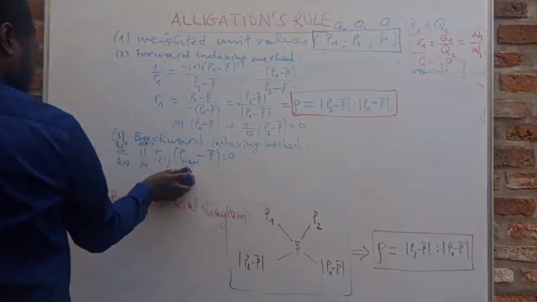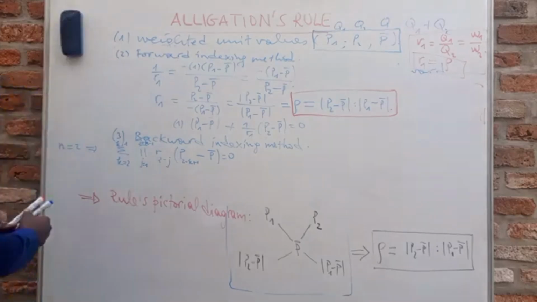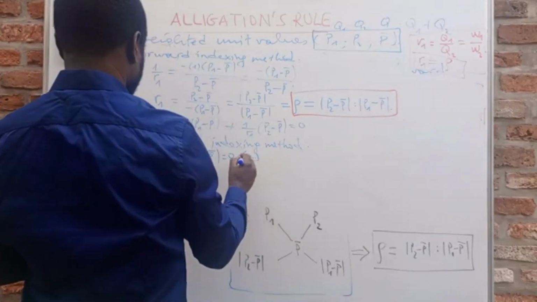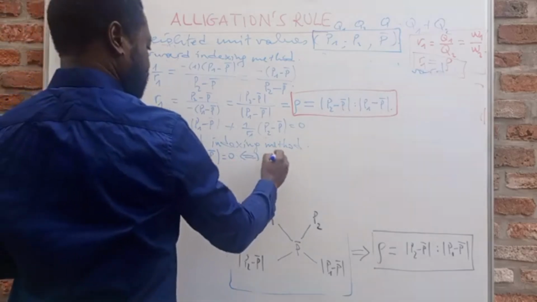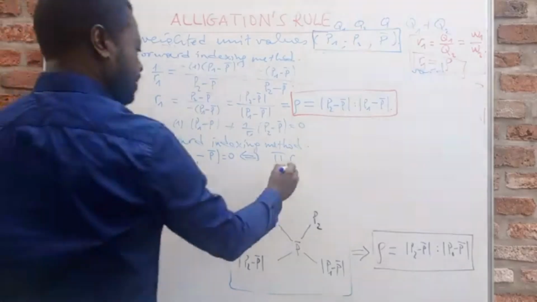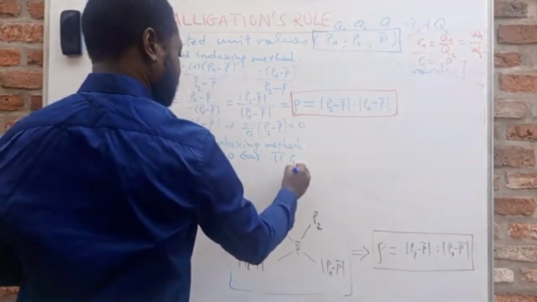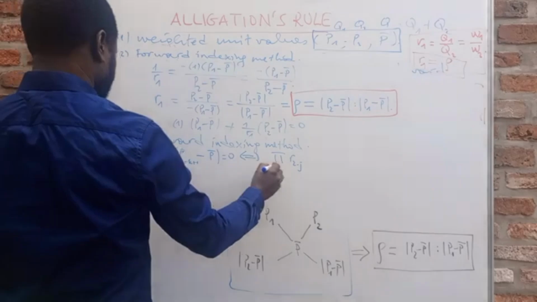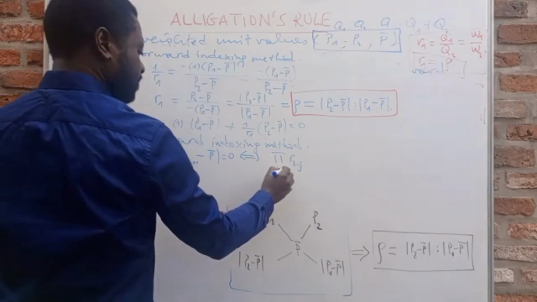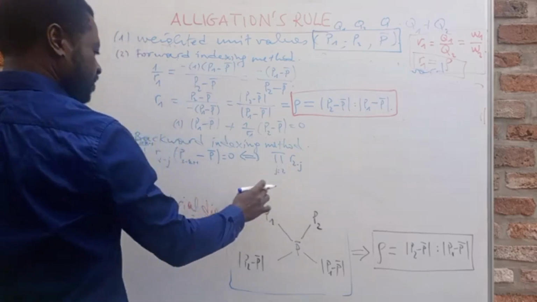Okay, now in this case we are going to, this is equivalent to product of reciprocals. Now 2 minus j from j extending from 2, k equal to 2.